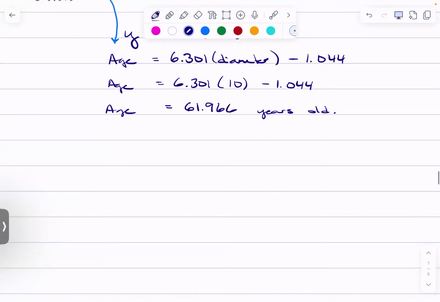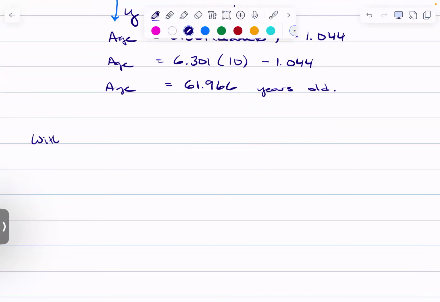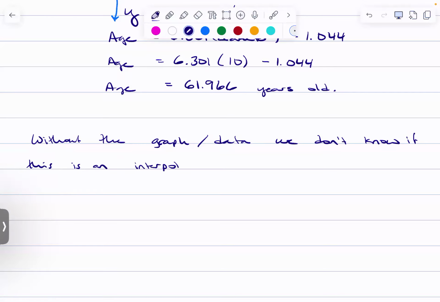And so I'll write that down. Without the graph or data, if you had the data set, you could create the graph and look at it. So without the graph or the data, we don't know if this is an interpolation or an extrapolation. That's a fact.